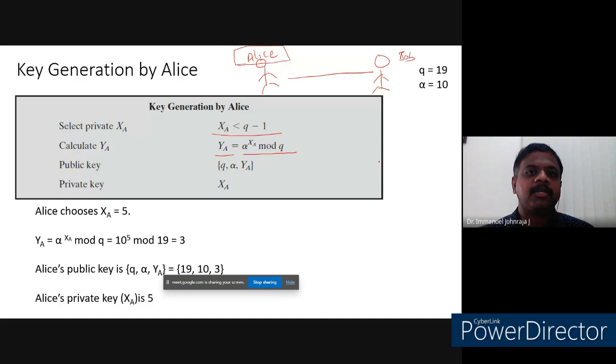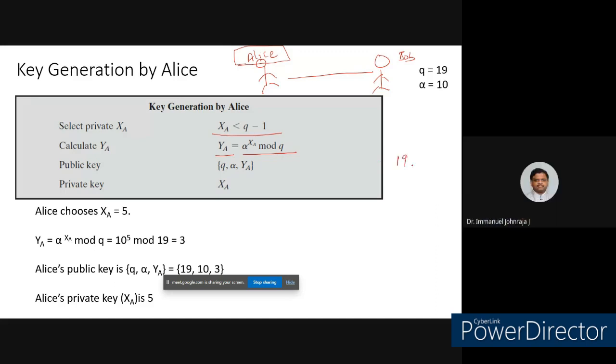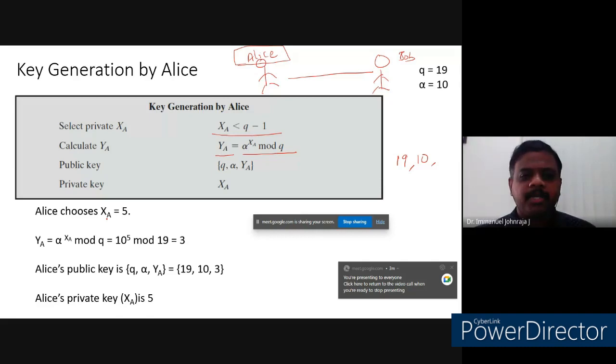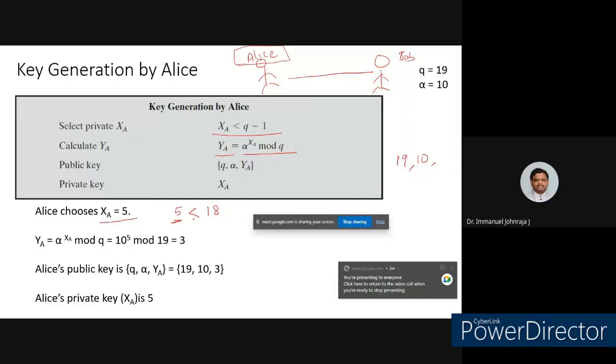So Q value is 19, and alpha value is 10. And what's the value of YA? Probably we can take an example here. In our example, Alice chooses XA as 5. So 5 is less than 19, less than 18. So she chooses 5, which is XA.